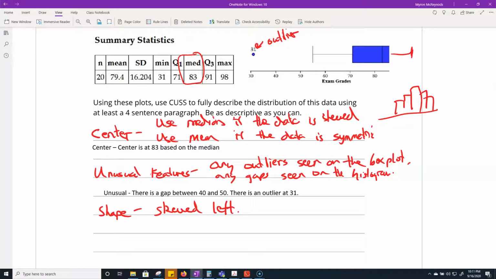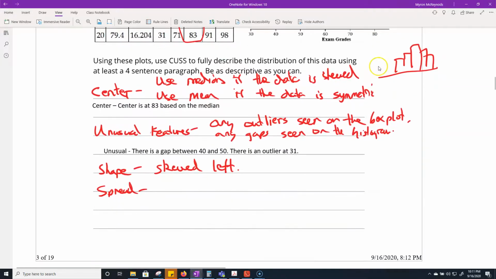And then the spread. The spread is going to be based on one of two things. The spread will be IQR if the data is skewed.